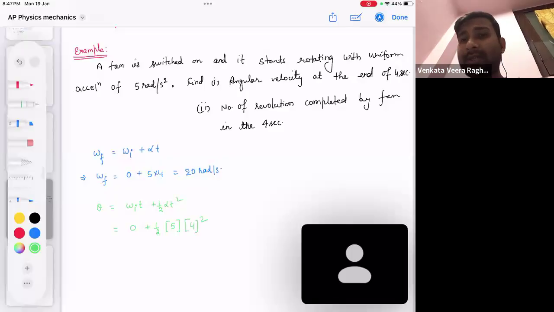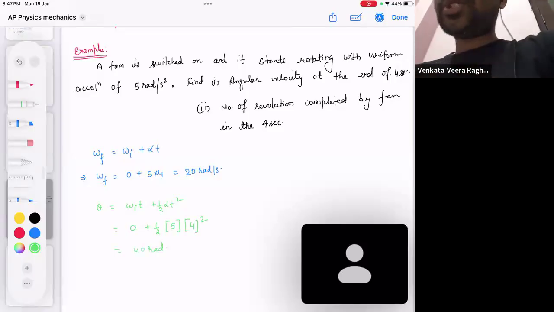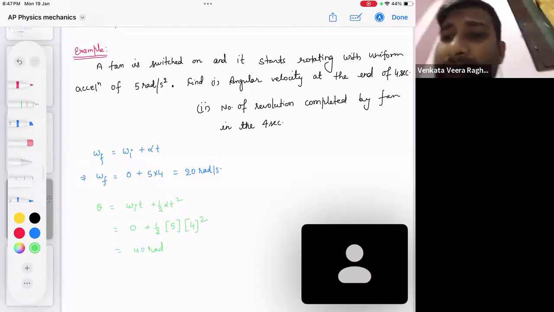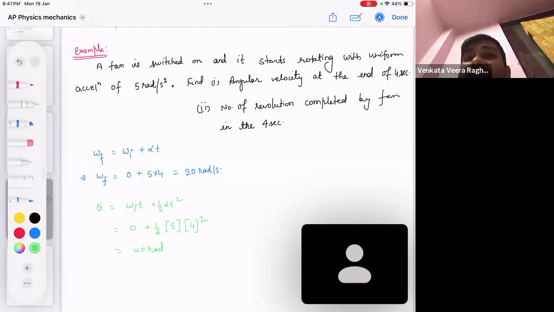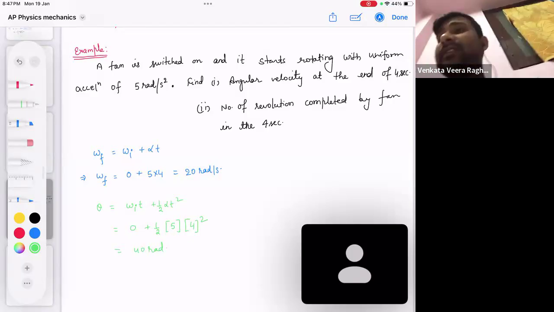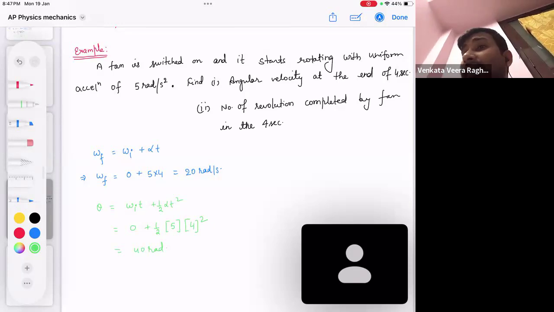So 16 into 5, 80 by 2, 40 radian we got. Is it my answer of the second question? Is it the number of revolution I have calculated, or did I calculate just the angular displacement of the fan? Listen to me. We have now calculated only the angular displacement, not the number of revolution.